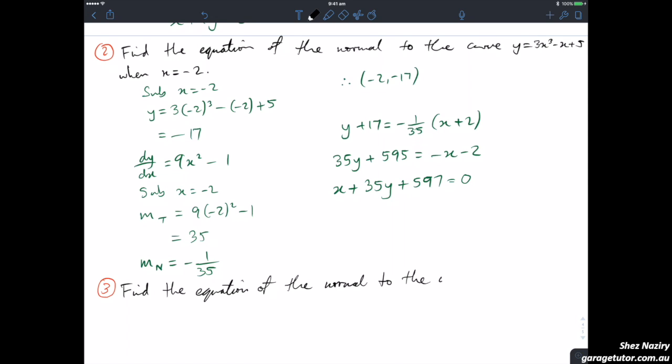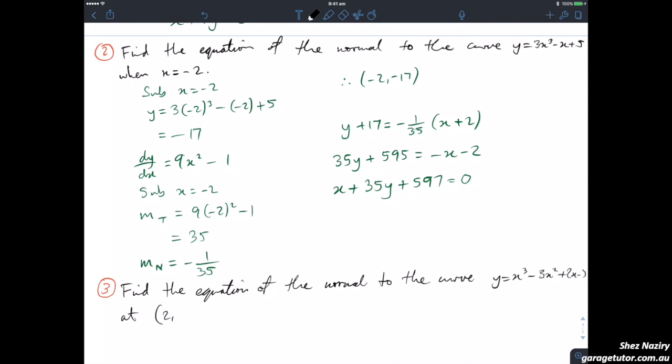To the curve y equals x cubed minus 3x squared plus 2x minus 5, at x equals 2. I'm going to do this real quick. 2x minus 1.